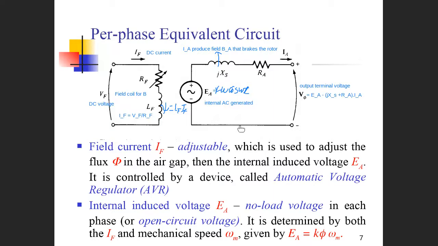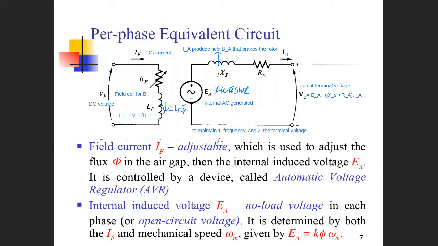Generally, for generators, the important issue is to maintain the frequency constant, and two, to maintain the output voltage constant.